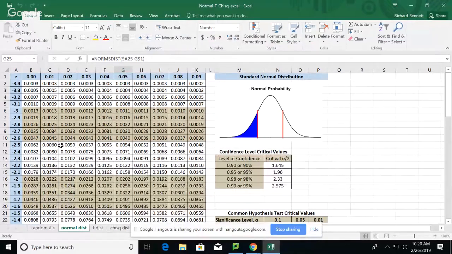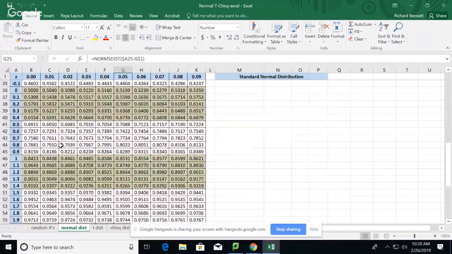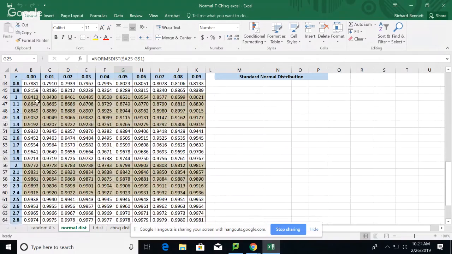So if I'm doing this on paper, I got 1.15, right? Go to the back of the book and find 1.15. This is what you're going to see on your test, because you won't have a book. 1.15 is that number right there.